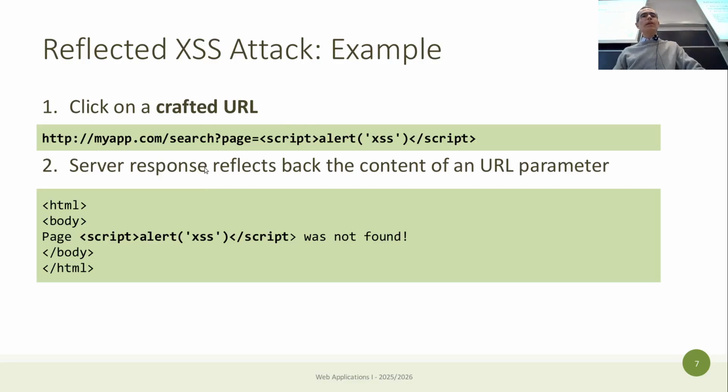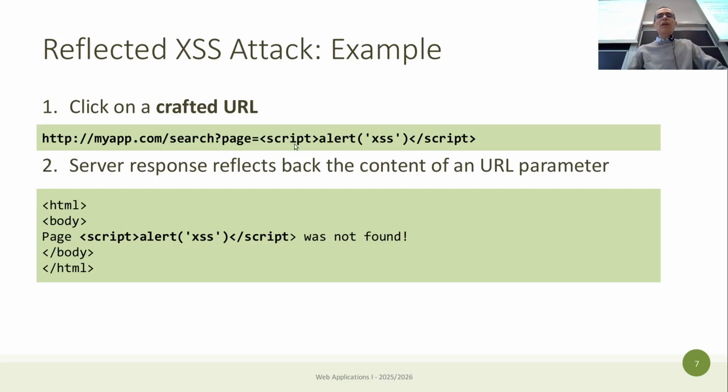So that's the issue, right? There are two problems. We had a crafted, malicious URL, and we receive it, and we can't do anything about this. I mean, if somebody sends us an email, we get the email, and the only thing we can do is put it into the spam.